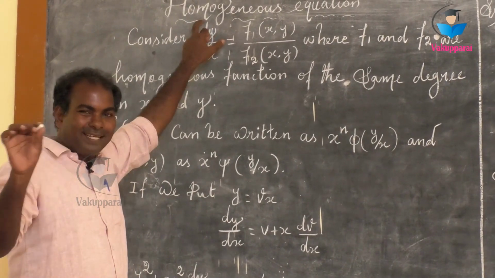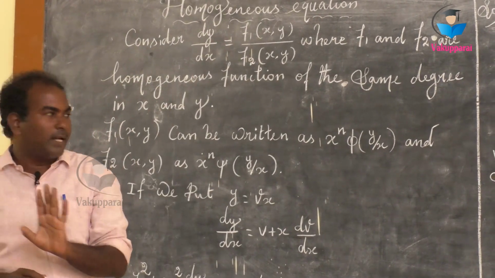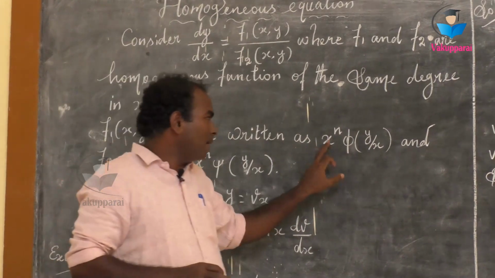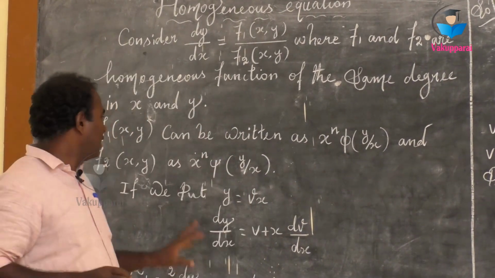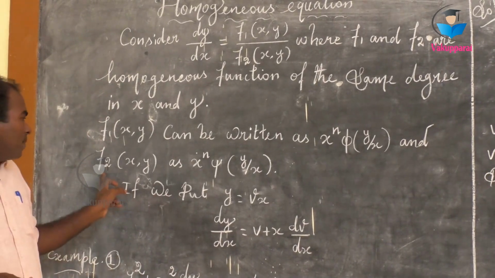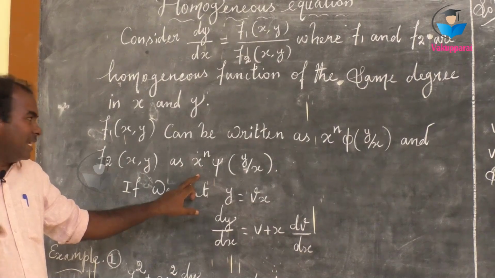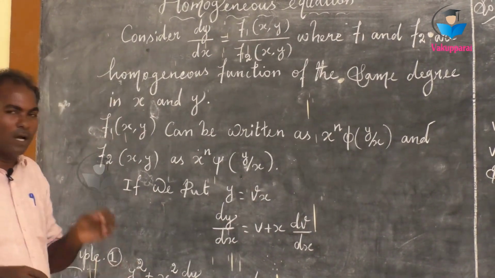If the power is the same, and you find this is a homogeneous equation, then how do we write f1? We can write it as x^n phi(y/x), and f2(x, y) as x^n psi(y/x).